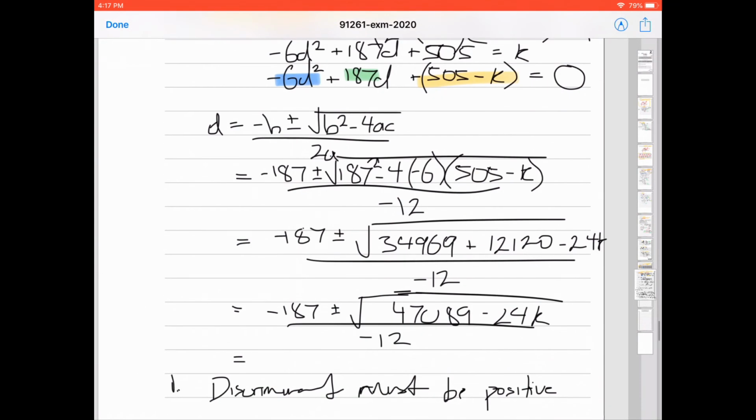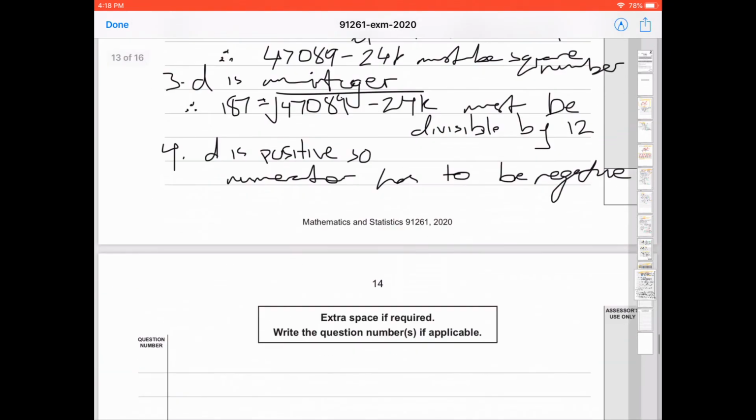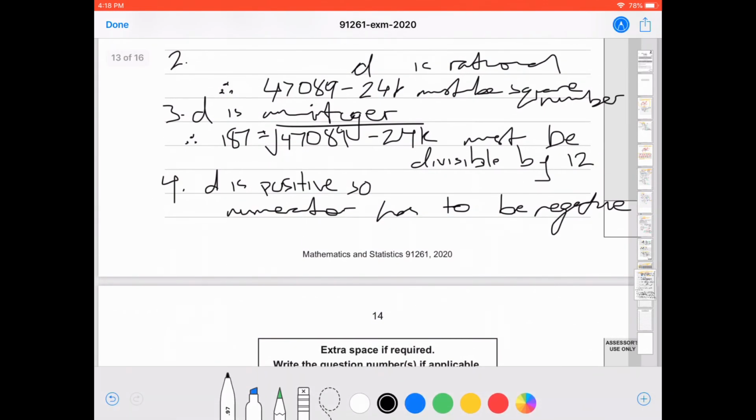Okay, they have said, basically, they've taken away these negative signs here. And so it becomes positive 187 and positive 12, and that's why they want their numerator to be positive. We have come up with negative 187 and negative 12. And so in our case, we want our numerator to be negative. Okay, and with that, we have made all the necessary conclusions or conditions.